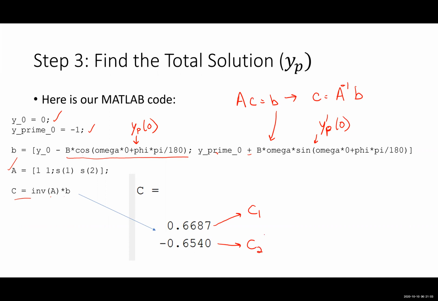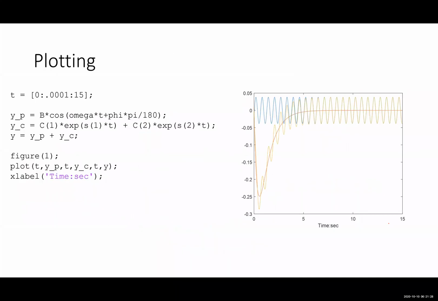And now, essentially what that means is that yc of t equals, if I want to write it this way, 0.6687 e to the negative 3t minus 0.6540 e to the minus t, all for t greater than or equal to 0. So that's our total solution.